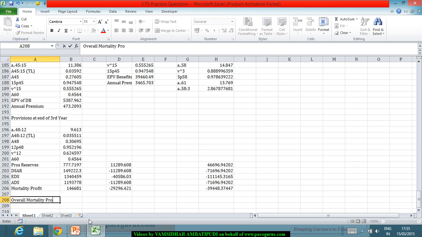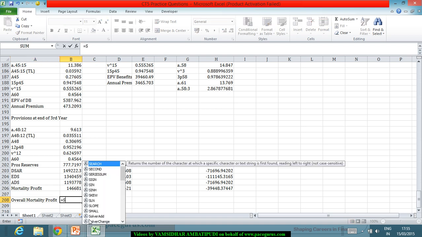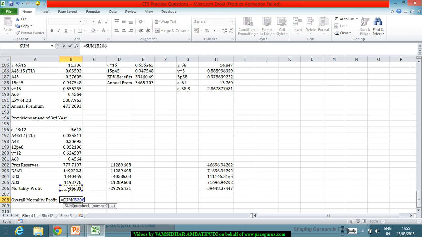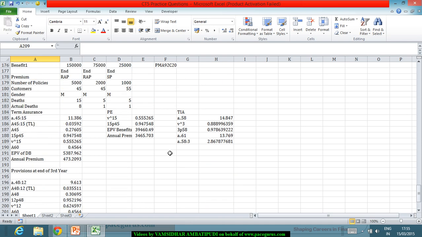So overall, the mortality profit for me is a summation of the profits coming from these 3, resulting in almost $77,936 of profit. So probably here also, when I think of A double dot 58, I think I have taken these numbers from AM 92.